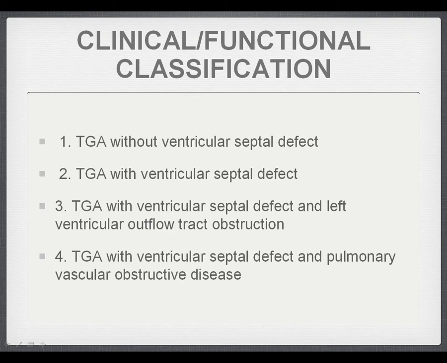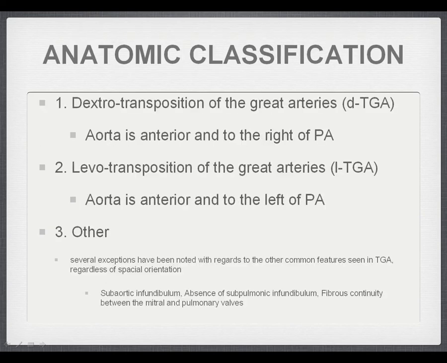There's a clinical or functional classification system, and this is the one that's more generally used when looking at TGA with echo. However, what I'm going to be talking about is more of an anatomic classification system, which, while there are multiple different subtypes, really looks at transposition in two different forms: levo and dextro, or DTGA.